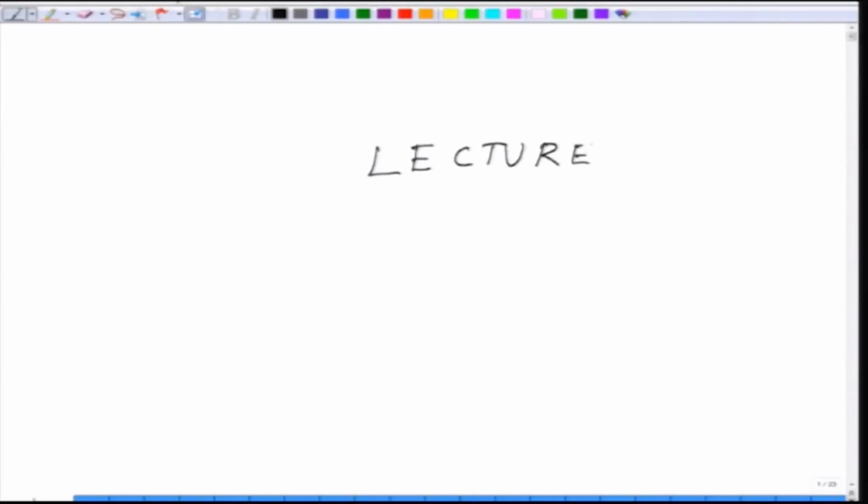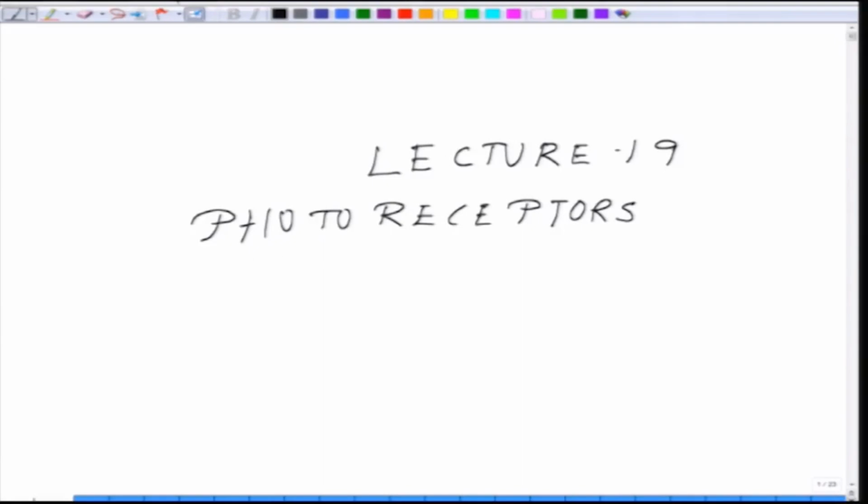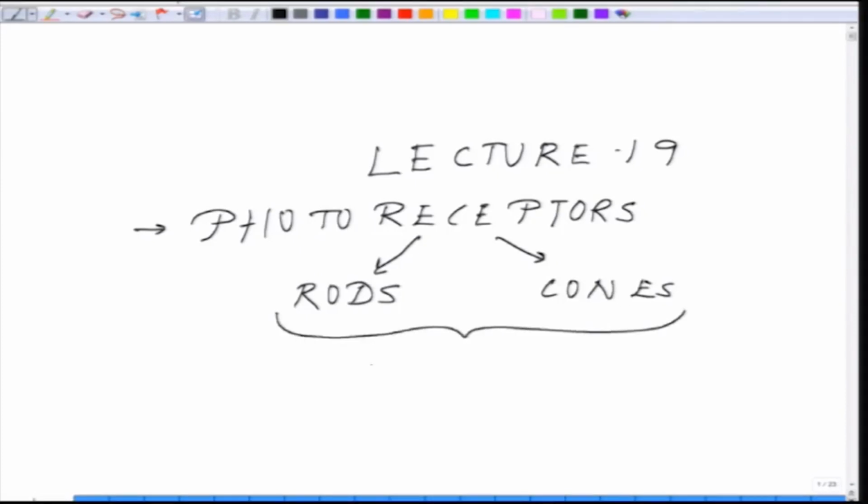So, to start off, we are into lecture 19. Basically we will be dealing with the photoreceptors, and within the photoreceptors we have the rods and the cones and their electrical activities.